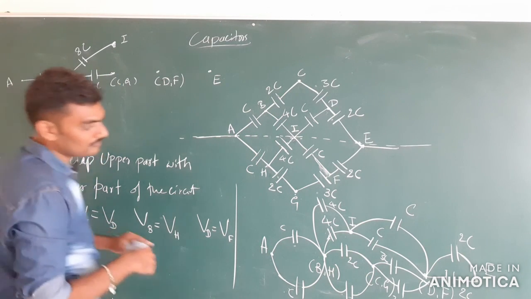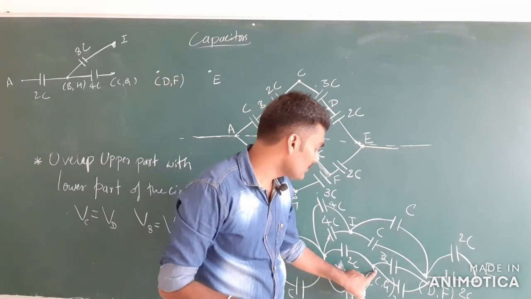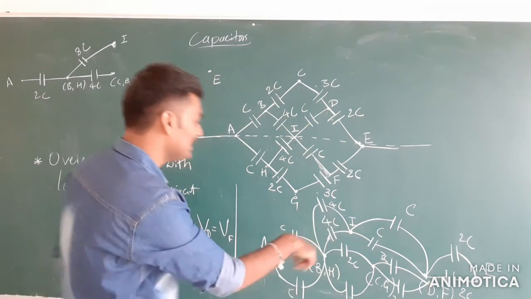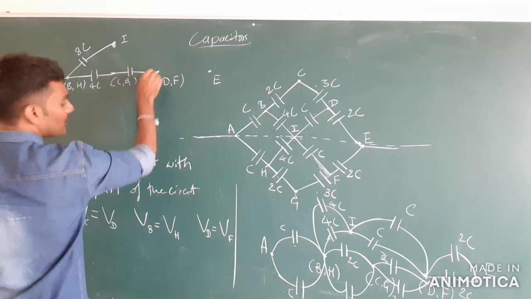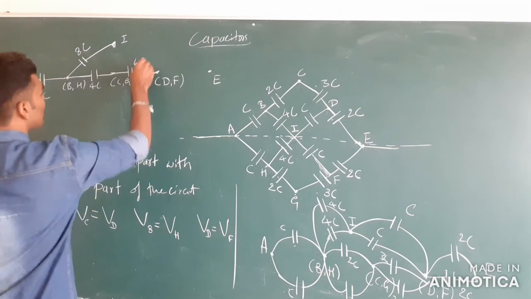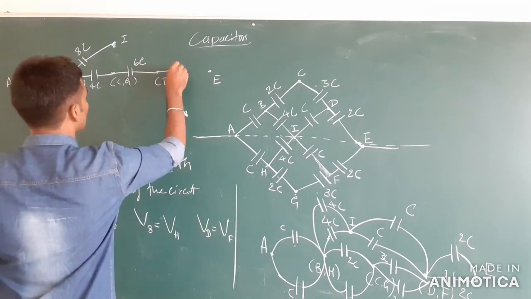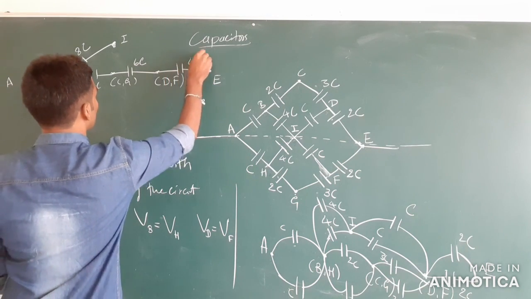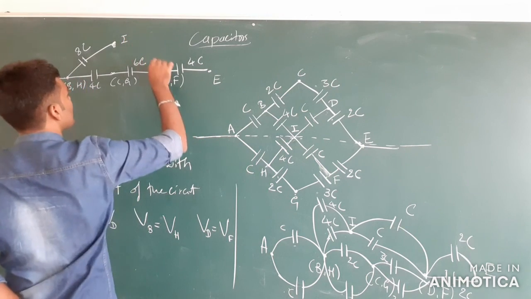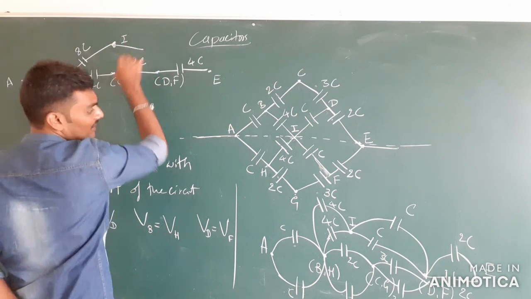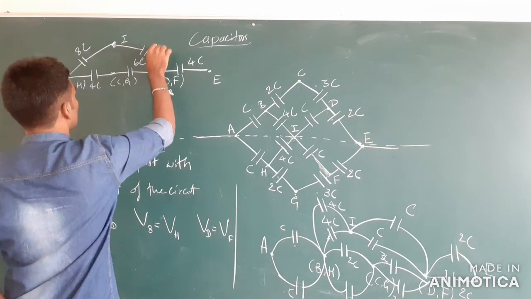And from CG to DF, 3C and 3C in parallel, together it is 6C, and from DF to E, 2C and 2C in parallel, which will give me 4C. And from I to DF, here it is C and C in parallel, which will be 2C.